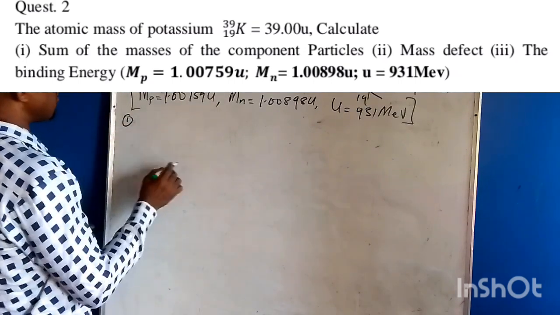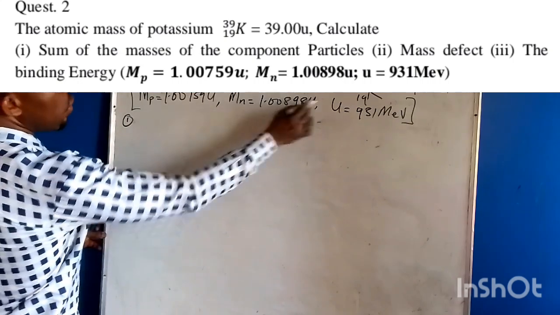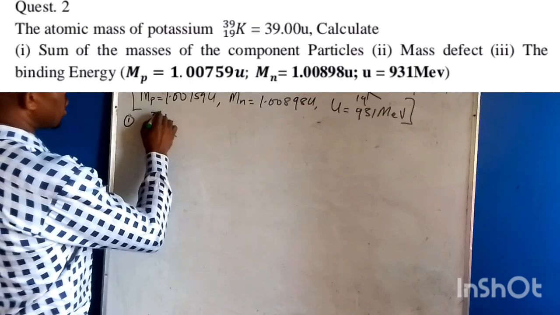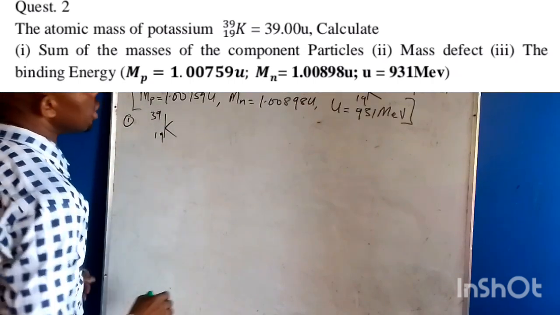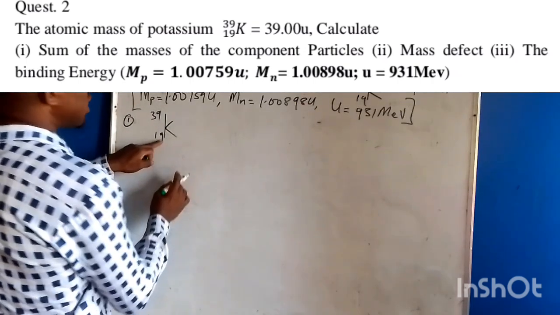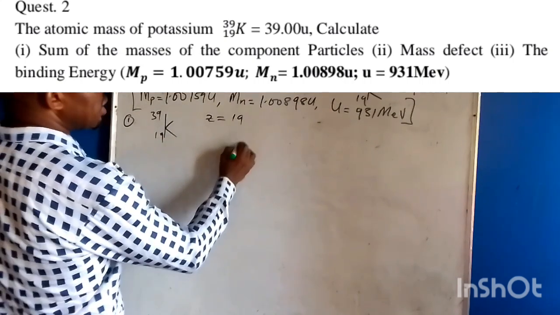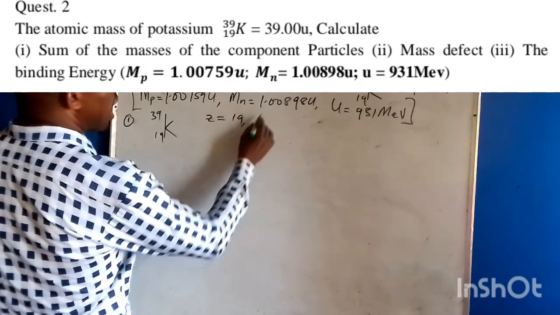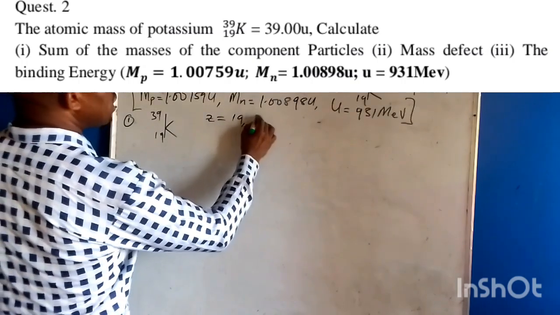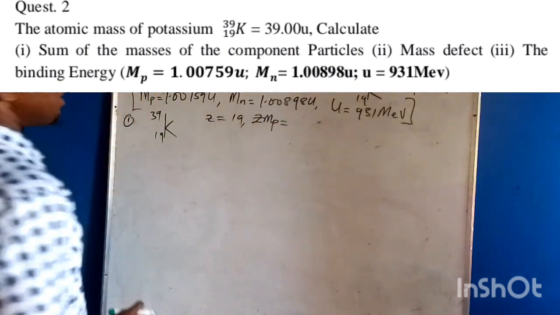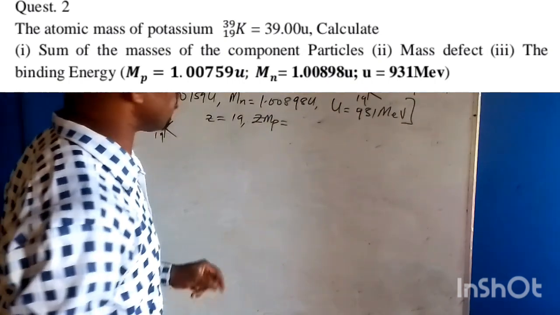So here we have potassium 39,19. From here we know this is the proton number, Z, which is 19. Now we have ZMP, which is the number of protons times the mass of proton.